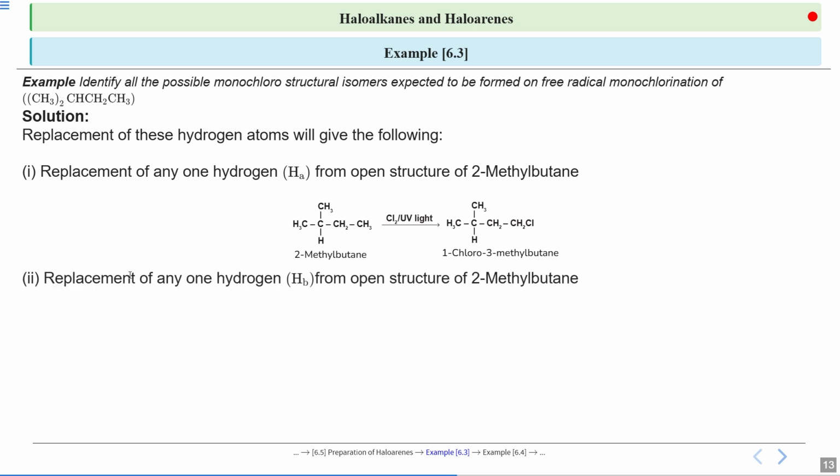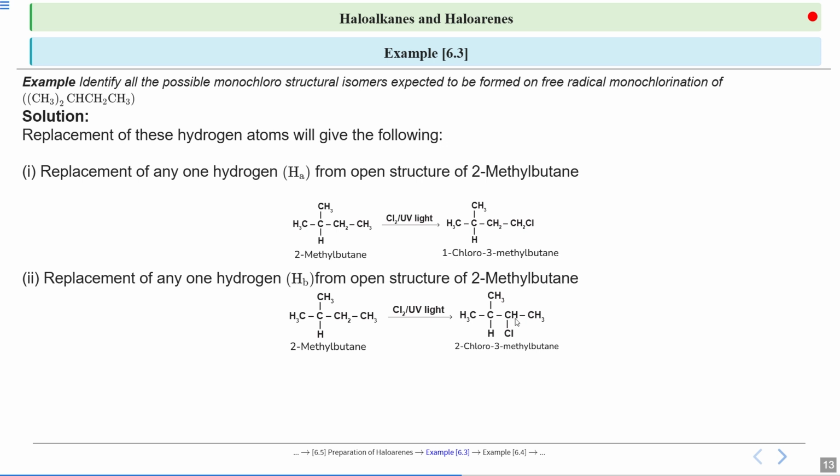The second case is the replacement of any one hydrogen of HB kind from the open structure of 2-methylbutane. HB was present at the very third carbon. These two hydrogens are HB kind. If you replace one of the HB hydrogens after the reaction of 2-methylbutane with chlorine molecule in presence of UV light, you will get 2-chloro-3-methylbutane as your major product.